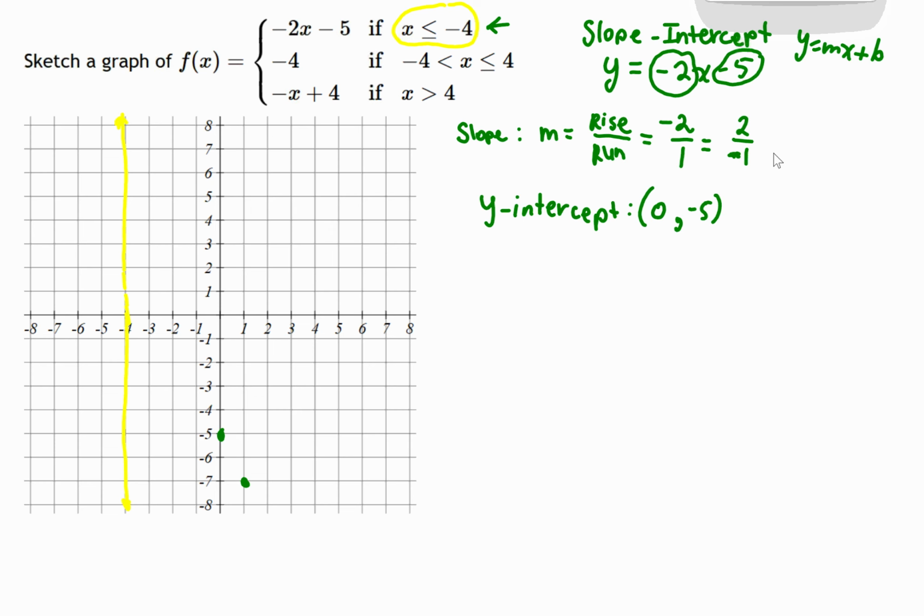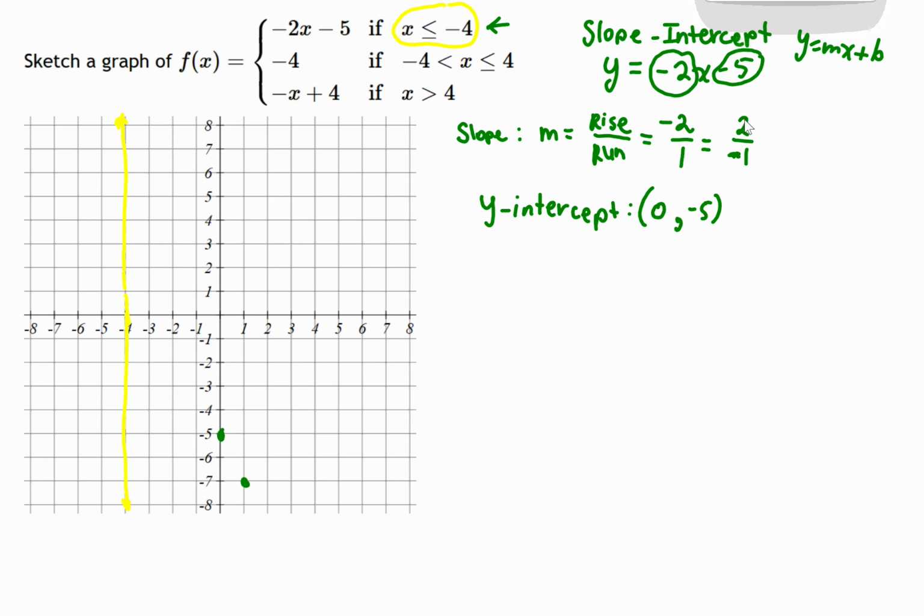So you can give the negative to either the rise or the run, just not to both, because a negative divided by another negative would give us a positive result. So it's your choice. Whatever makes most sense is where you can think of the negative direction. So maybe I want to do some more points, but I don't want to go down 2 again and fall off the grid.